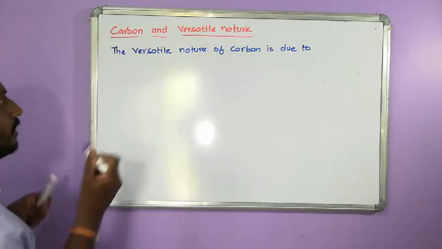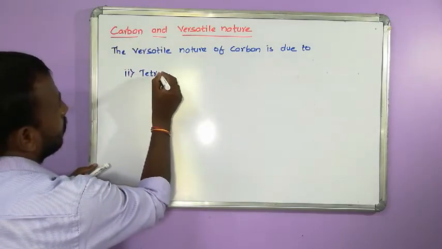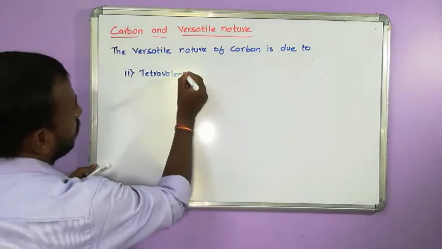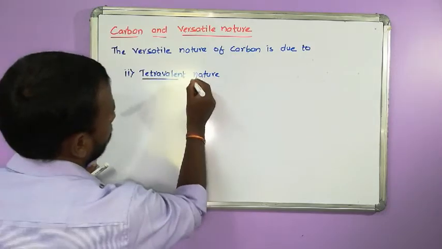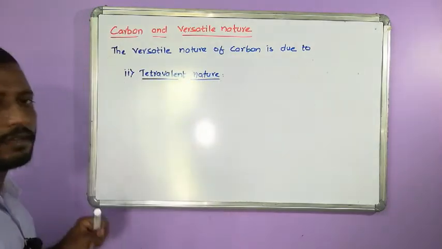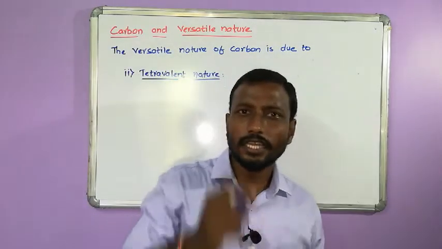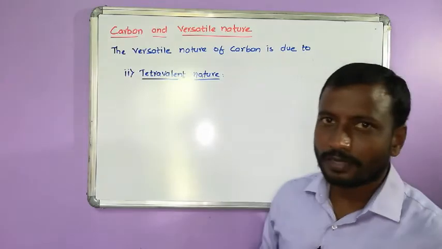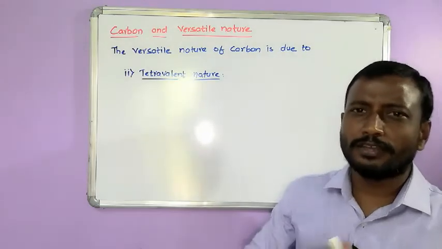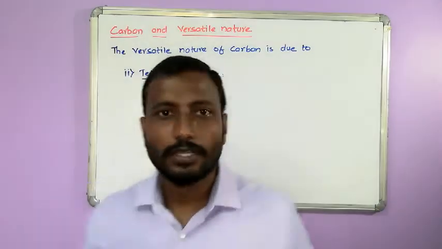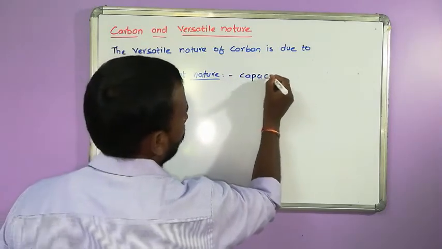Tetravalent nature means the capacity of a carbon to form 4 bonds, which is the main reason for the formation of enormous amounts of different types of compounds. That is, tetravalent nature means capacity to form 4 bonds.